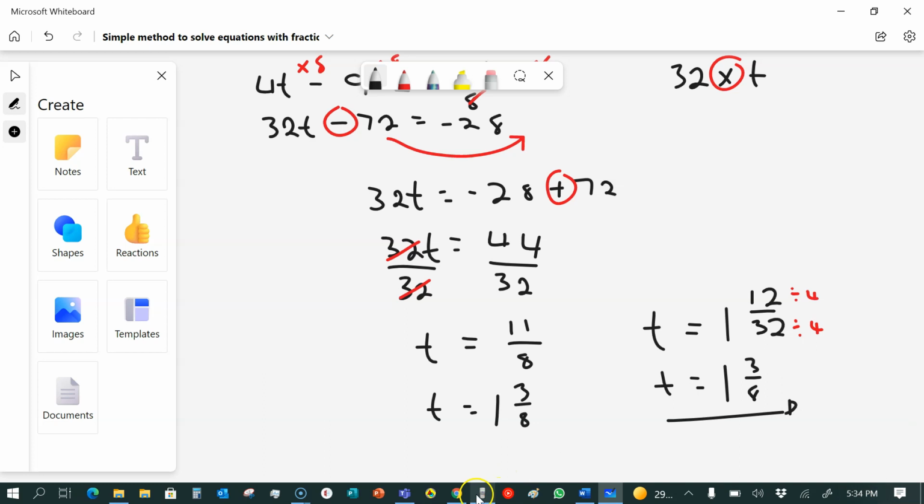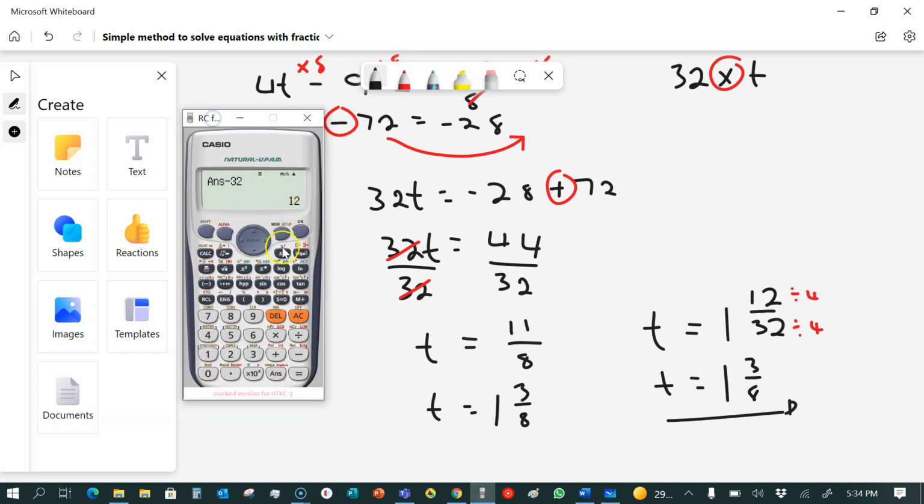And we can prove that with the calculator as well. So if you go and say 44 all over 32, you see, you get 11 over 8. And as a mixed number, 1 and 3 over 8. As a decimal, 1.375. Okay? So 11 over 8, 1.375 is the same, and this is the same as 1 and 3 over 8.